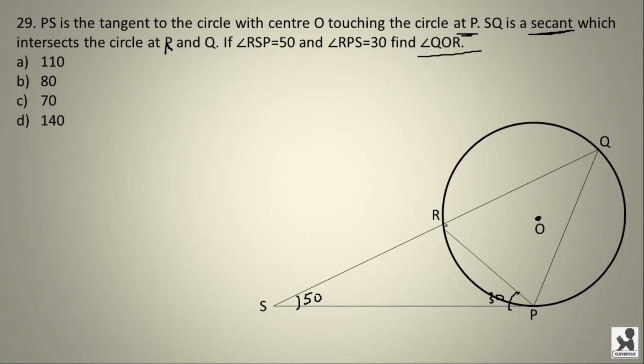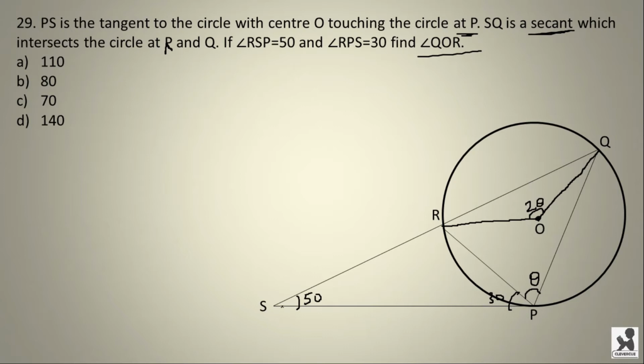So let us join this. If you can see, angle ROQ is double the angle of RPS. I have explained why. If this angle RPQ is theta, then angle ROQ will be 2 theta.